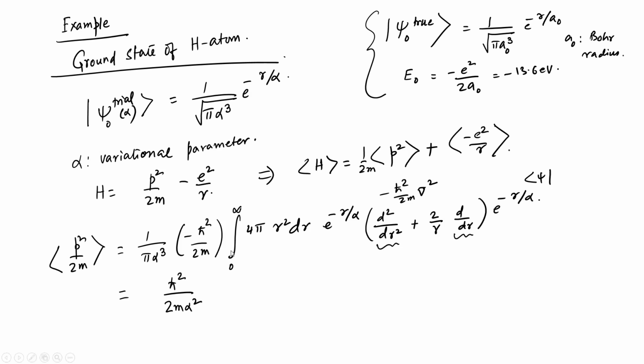Now, we will see the potential energy. So, now you have minus e square over r, and this is equal to again 1 over pi alpha cubed and a minus e square, and once again a 4 pi r dr. There is no r square because there was a 1 over r that cancels with r.